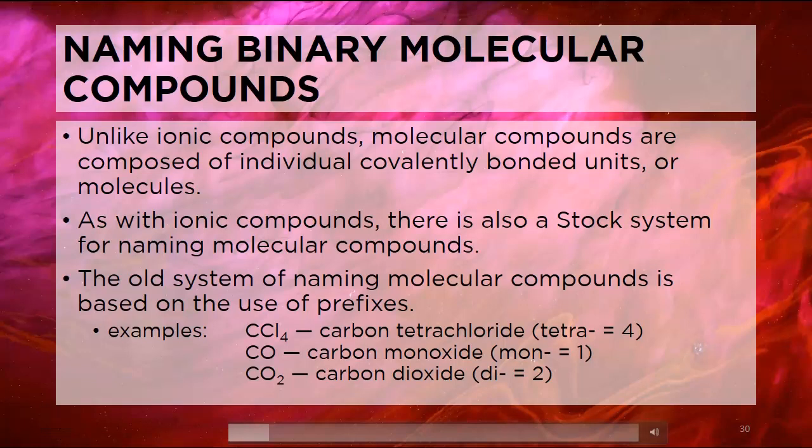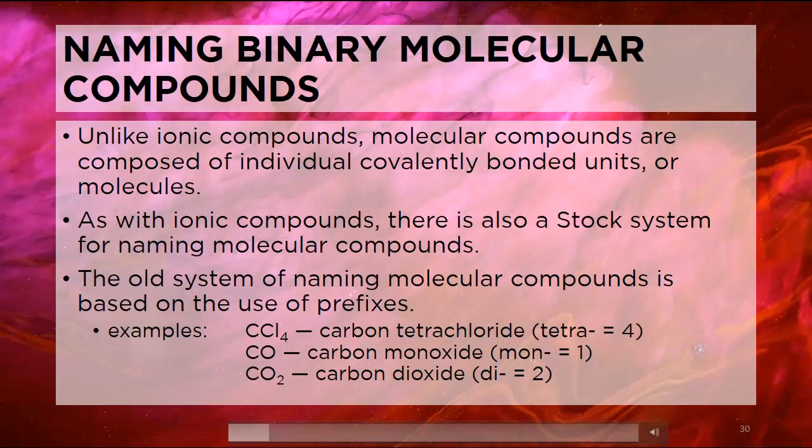So in the early part of this section, we talked about naming ionic compounds. Now we're going to talk about naming molecular compounds that have covalent bonds. And on the last test, we had the question about the difference between ionic and covalent bonds.